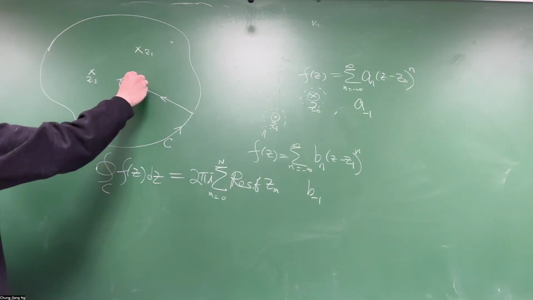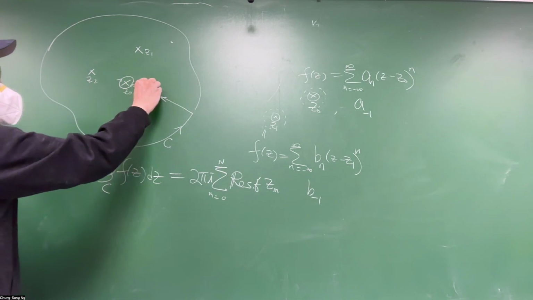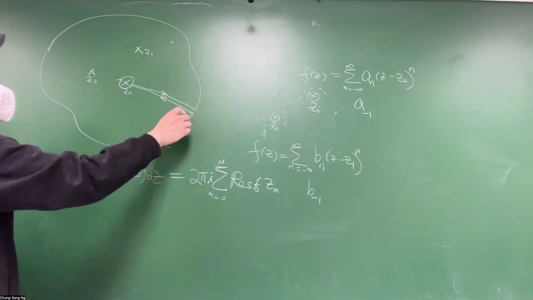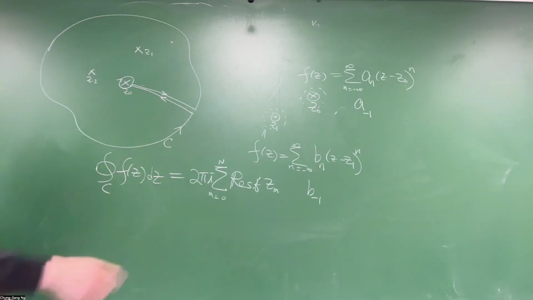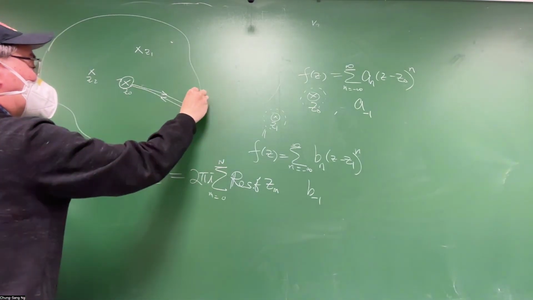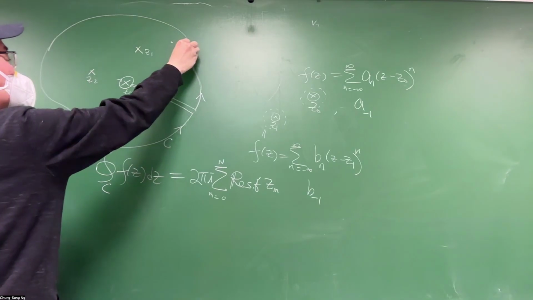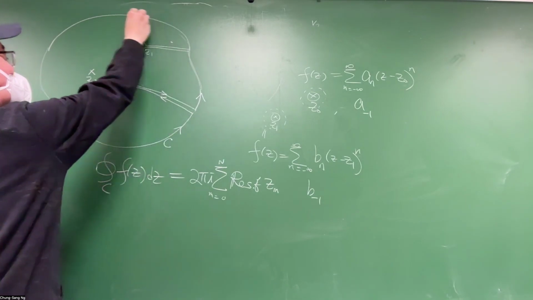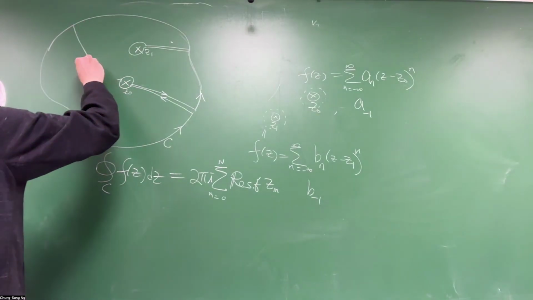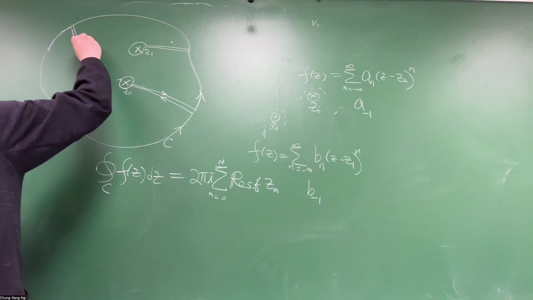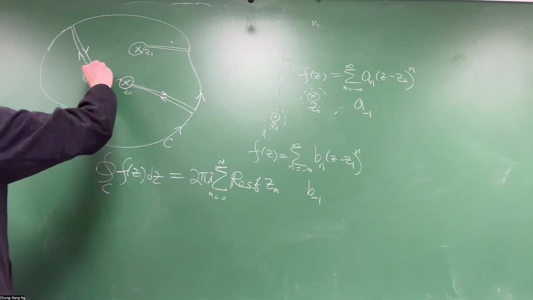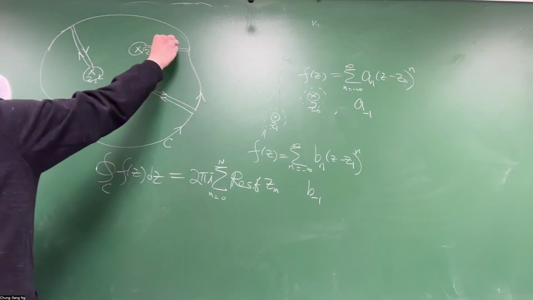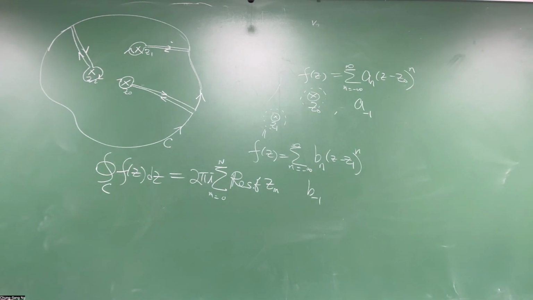These two lines will be infinitesimally close to each other. Then you continue and do the same thing for the other singularities: in and out, go clockwise.